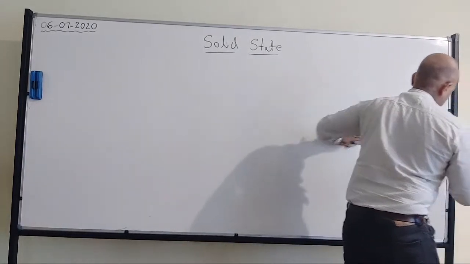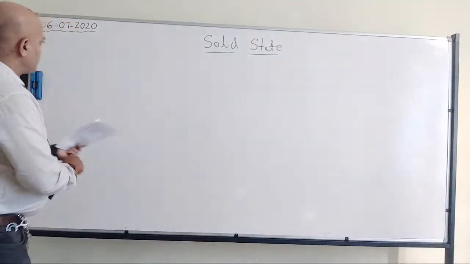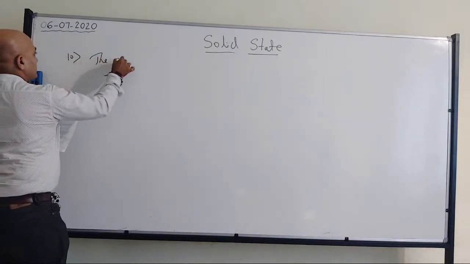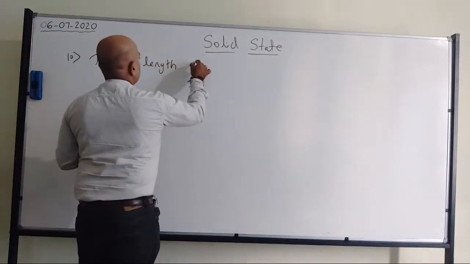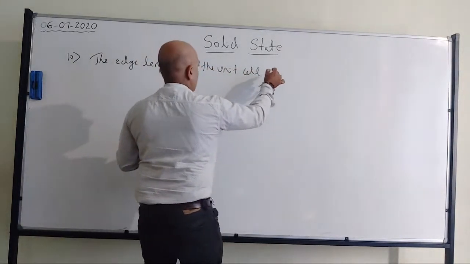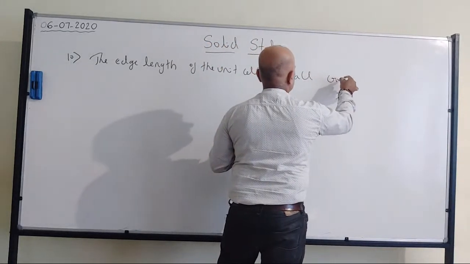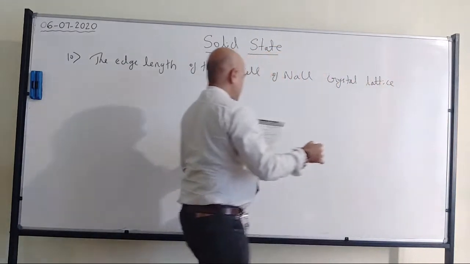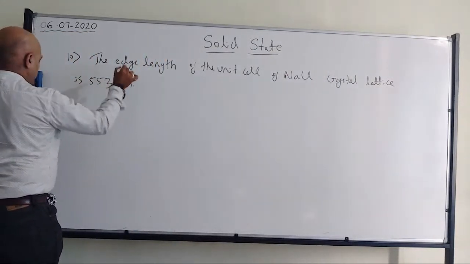We'll move to the next one. Question number 10. The edge length of the unit cell of NaCl crystal lattice is 552 picometer.